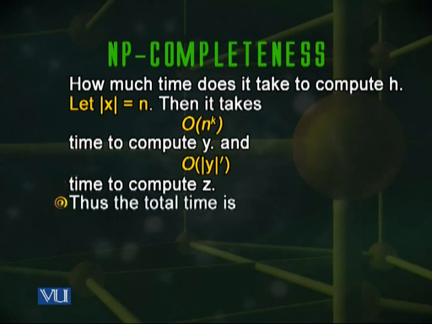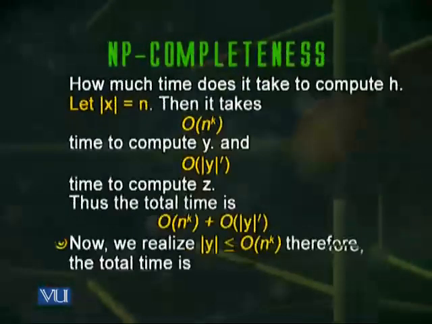Thus, the total time taken by this algorithm is order n to the k plus order length of y to the L. Now, we make a very small but important observation, and that observation is that the length of y cannot be very long, since f was computed in order n to the k time, so the length of y cannot be longer than order n to the k.